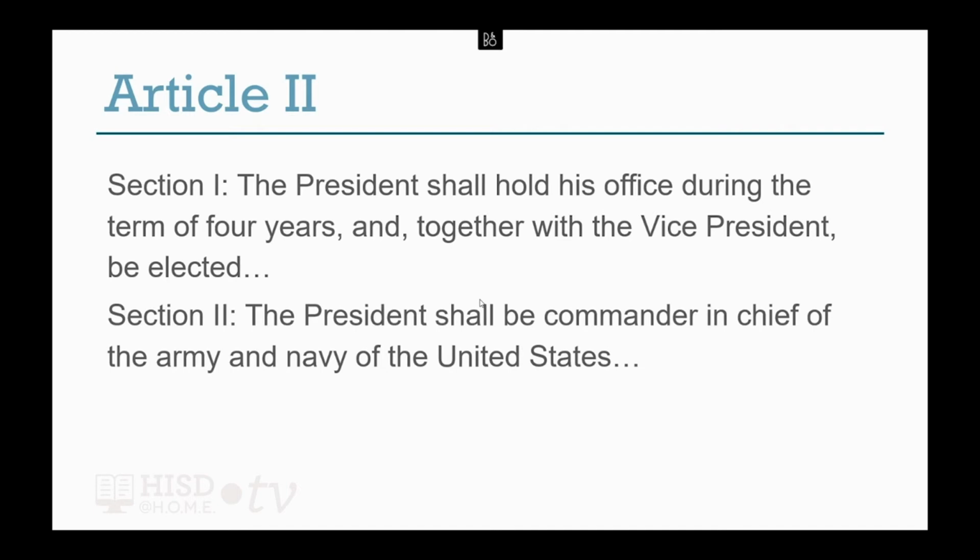Section 2. The President shall be Commander-in-Chief of the Army and the Navy of the United States. All right, I'm going to give you guys about 1 minute, figure out which branch they're talking about in Article 2 of the Constitution, and try to find an example or the reflection of separation of powers in this part of the document.